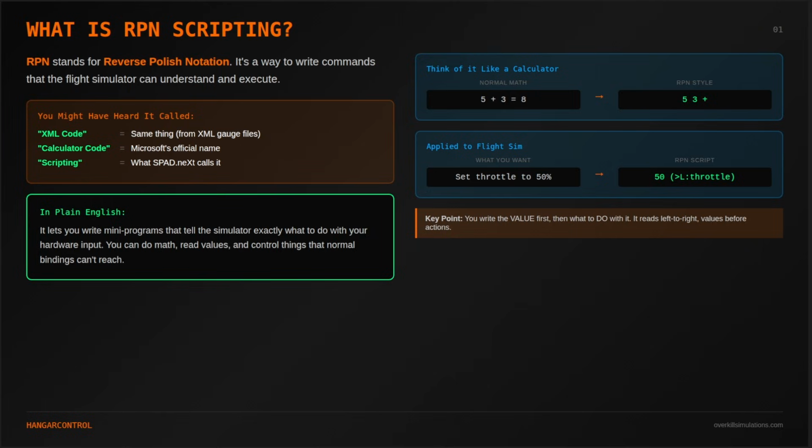You take the digit 5, take the digit 3, and then you're telling it to add them together. For Flight Sim, instead of saying set the throttle to 50%, you write 50, then push to the throttle variable. Value first, action second, is how this all comes together. That's it. The core concept: value first, then what do you want me to do with it?